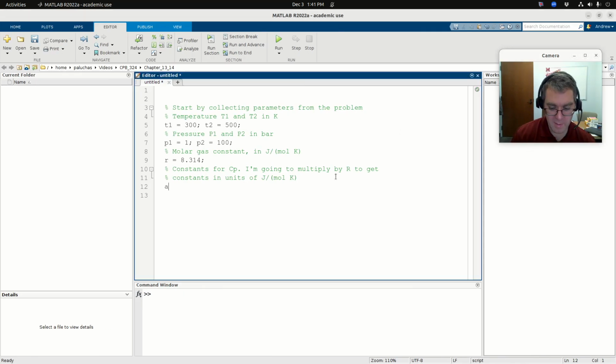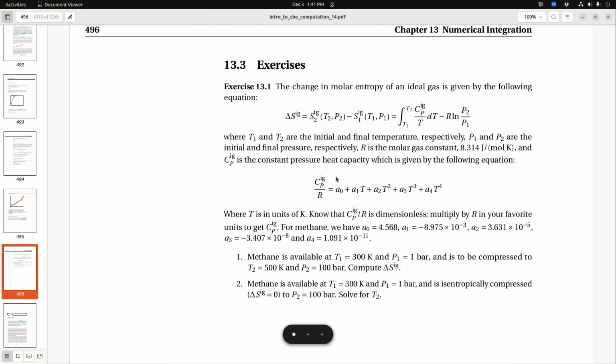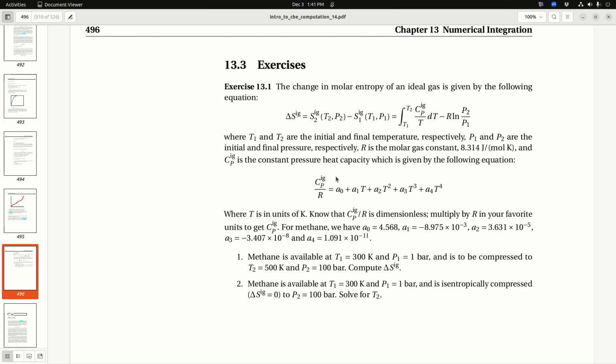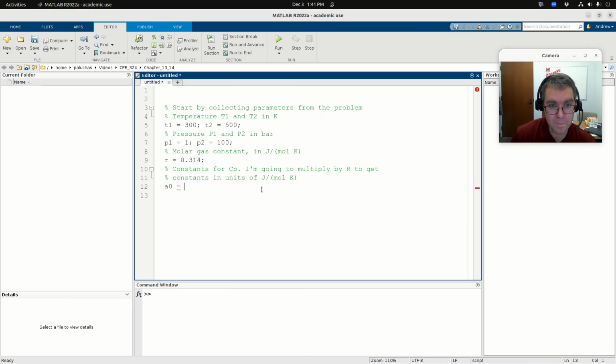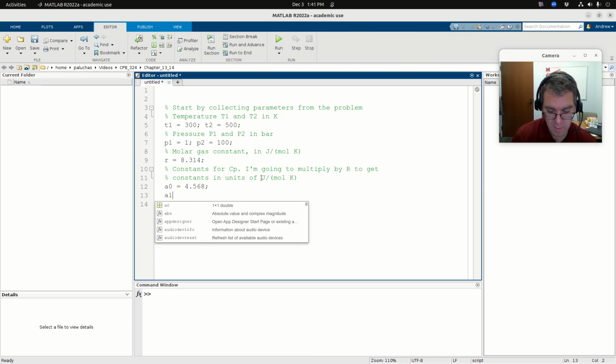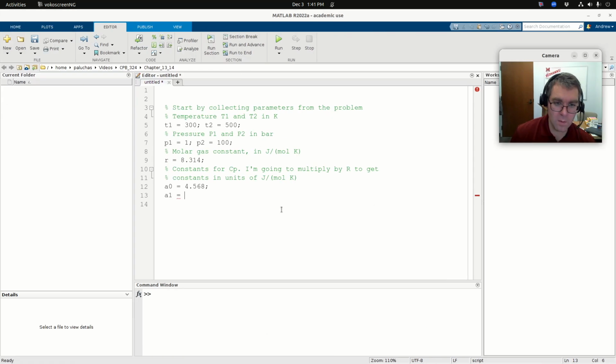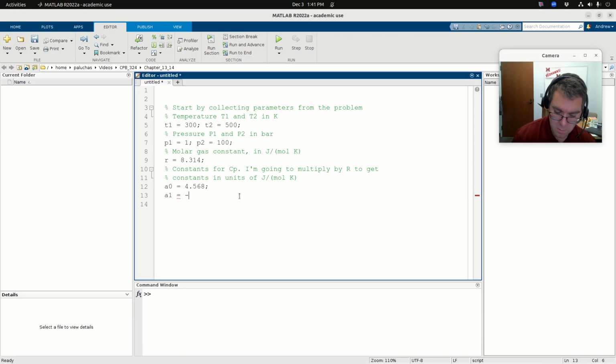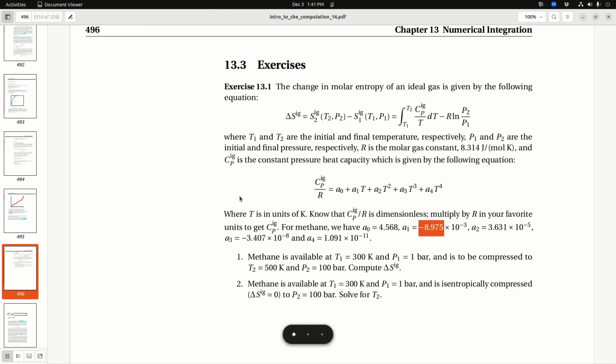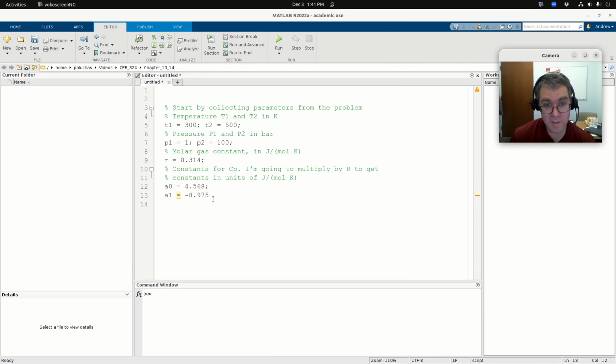Okay, so let me get my constants. Let me just type them, then I'll multiply by R. A0 is 4.568. A1 is negative 8.975, negative 8.975 times 10 to the negative 3.